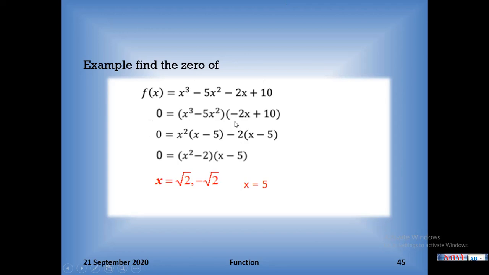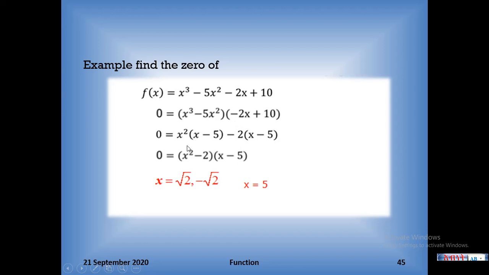There is a typo here: this minus will be here, and then it will be minus 2x minus 10. Take x squared out of the first group, giving x squared times x minus 5, and minus 2 times x minus 5. Yes, now it is correct.